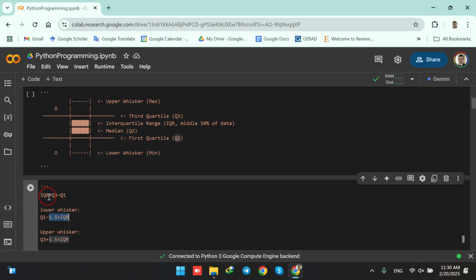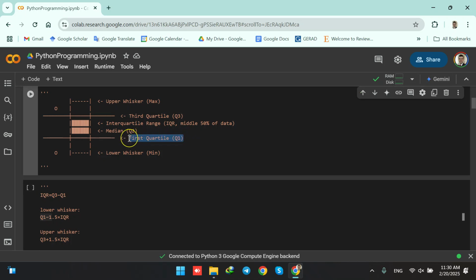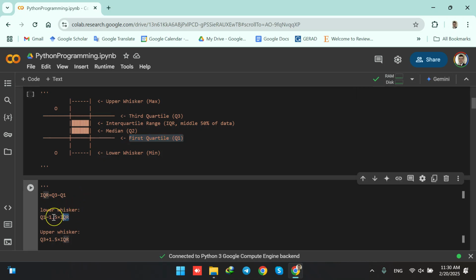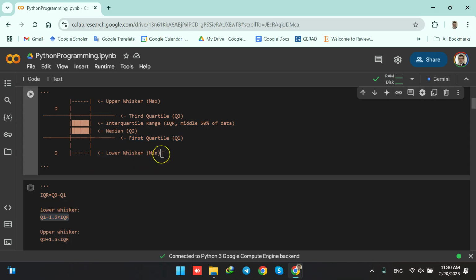So this number is calculated based on Q3 minus Q1 and it is multiplied by 1.5. And from that, we subtract Q1, which is this number, the first quartile. The output of this formula will decide the lower whisker, excluding outliers.